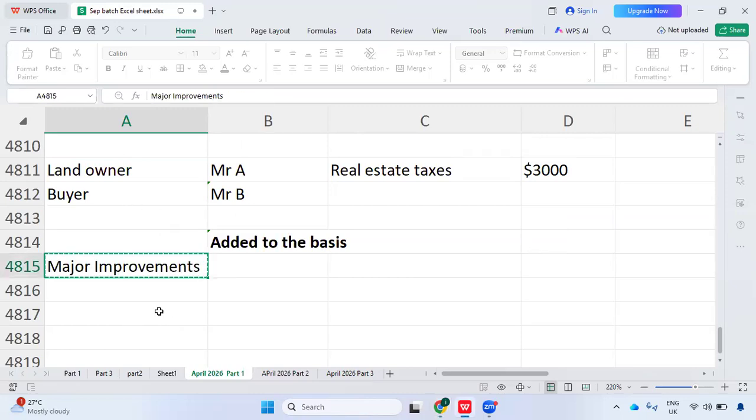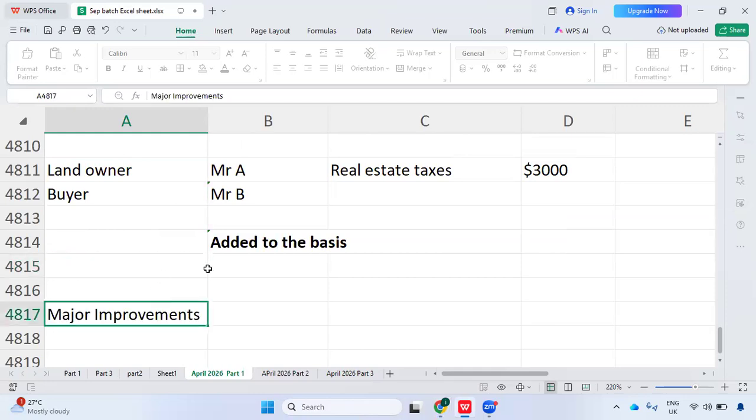Major improvements, generally what we have seen so far: whatever expenses we paid on the property until we start using the property are generally added to the basis. Once you start using the property, whatever expenses we pay, we will not add.